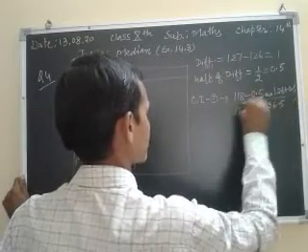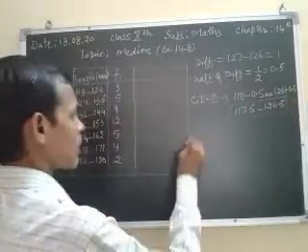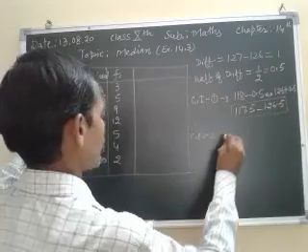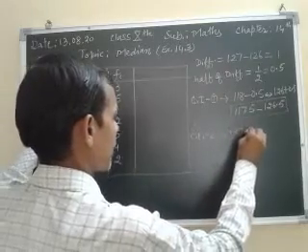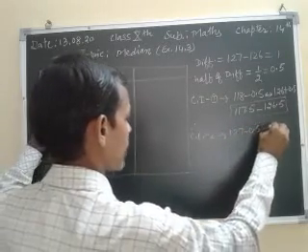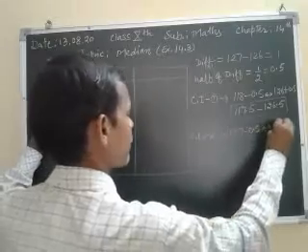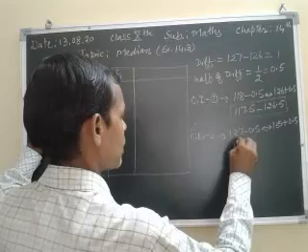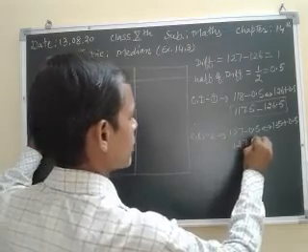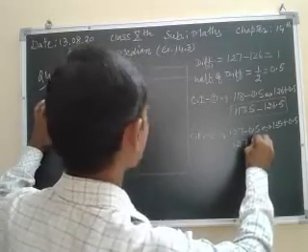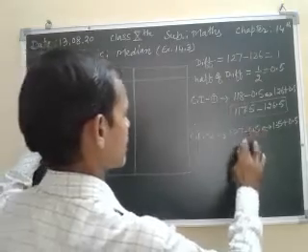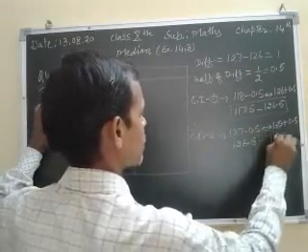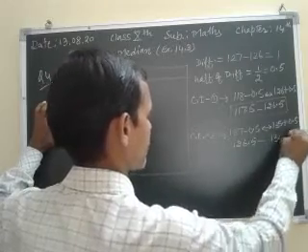Now class interval 2: 127 minus 0.5 and 135 plus 0.5, so it becomes 126.5 to 135.5.